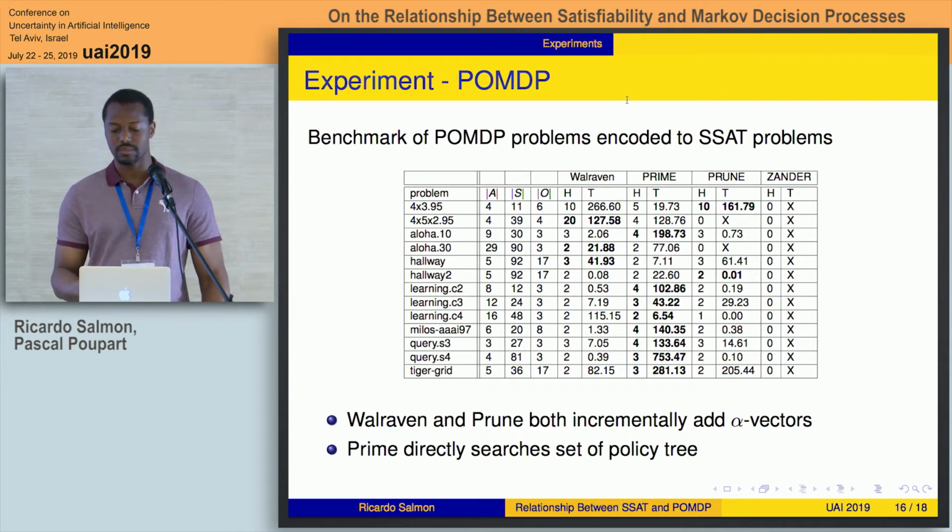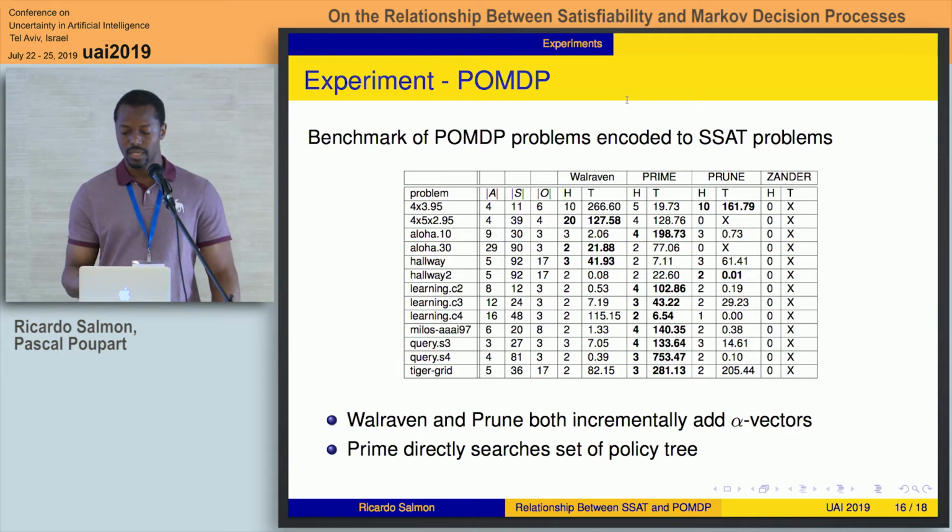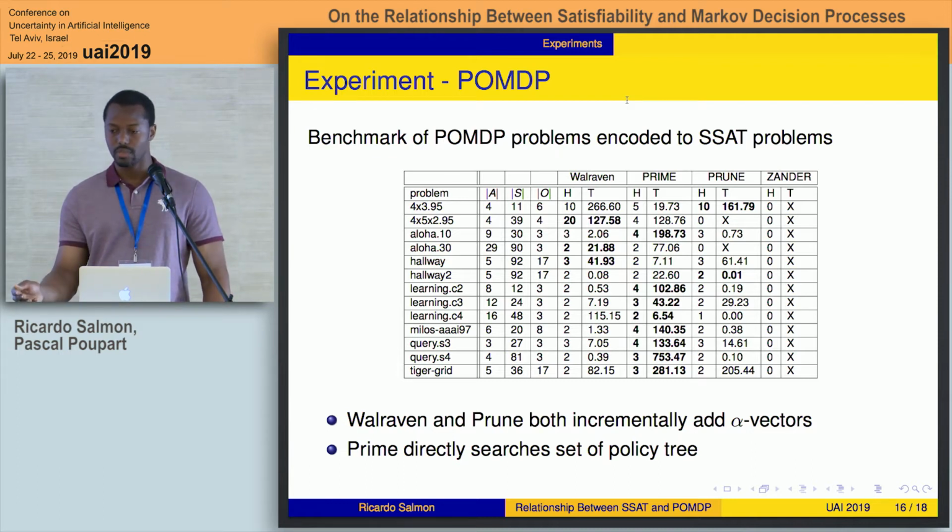And the final experiment, which is again a POMDP problem from the Cassandra website, compares War, Raven, and Prune, which are exact native POMDP solvers, versus Prime, our solver, where we encode POMDP problems into stochastic SAT. So these are 13 problems from the benchmark over 10 states.